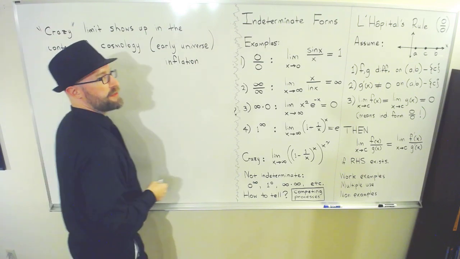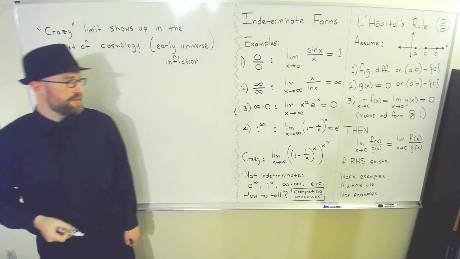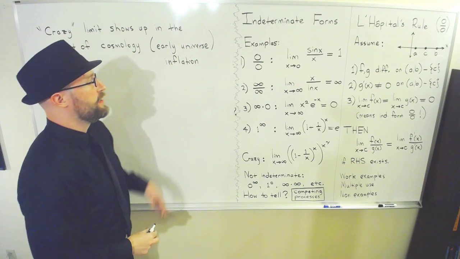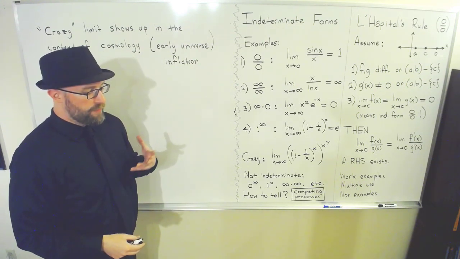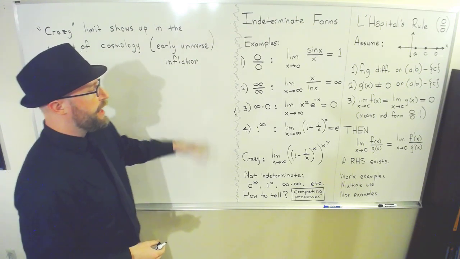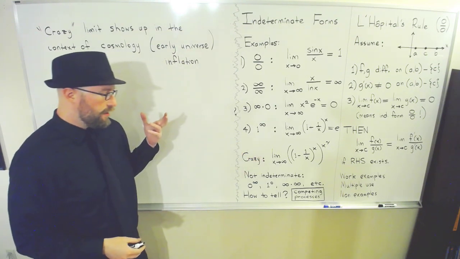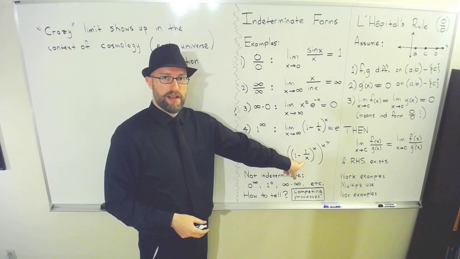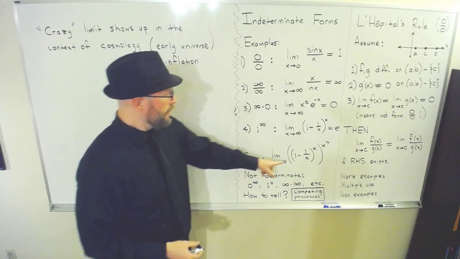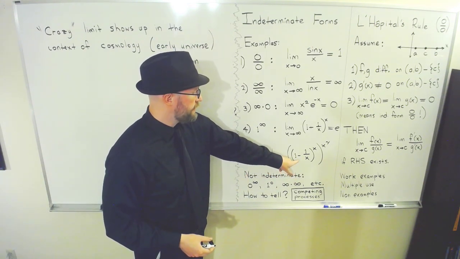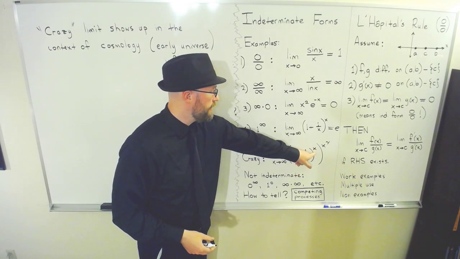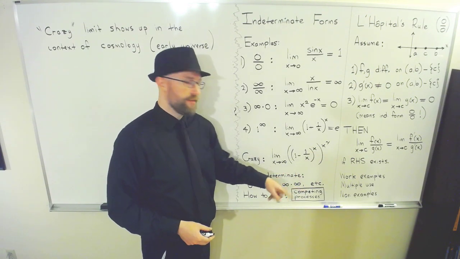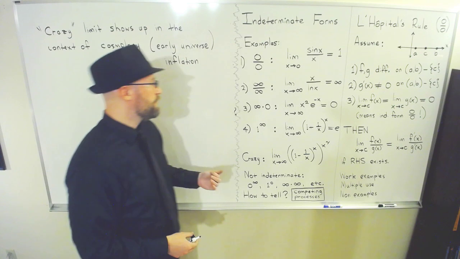And some people, myself included, think that that's not a very good explanation. And so in attempting to come to a better explanation, I had to work out a particular probability distribution, and it had this limit in it. This is a 1 to the infinity sort of thing, so it's an indeterminate form.